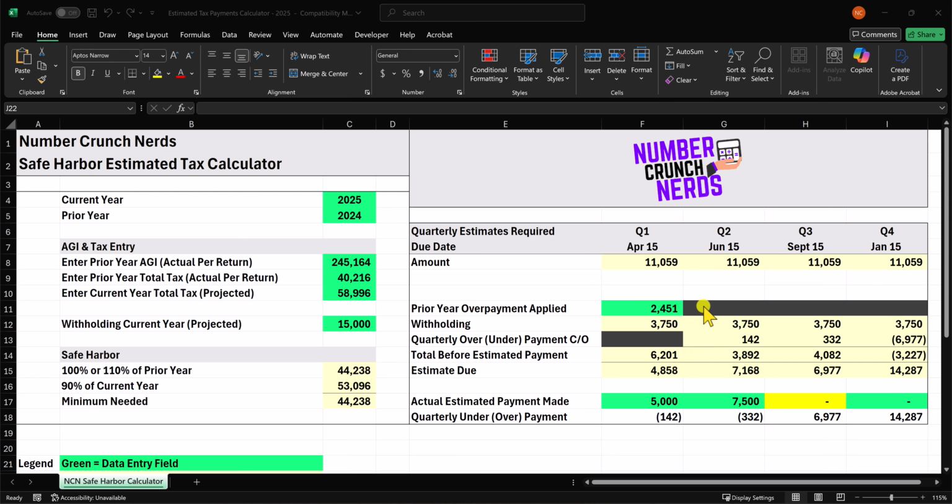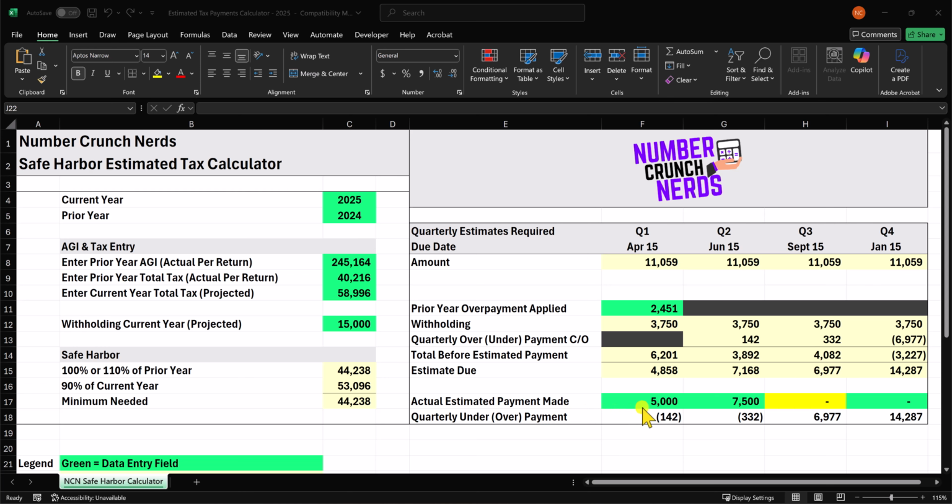We have a minimum safe harbor due for the quarter of $11,059. So we take the minimum amount due and we subtract off the total amount that has already been paid in, leaving an estimate due of $4,858 for Q1.